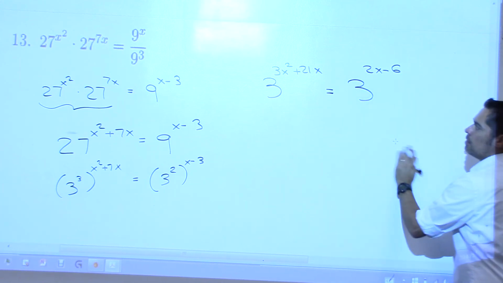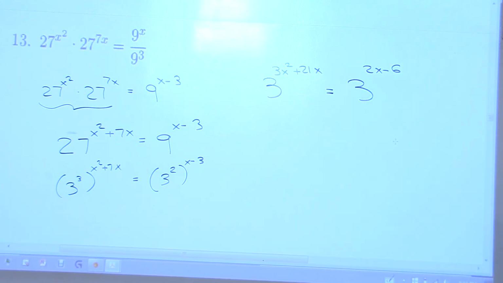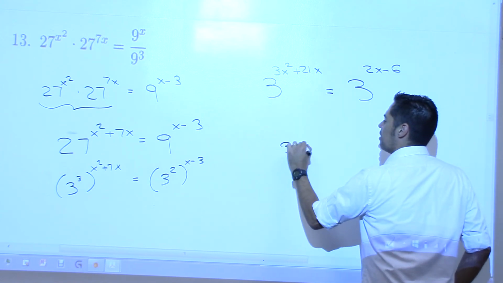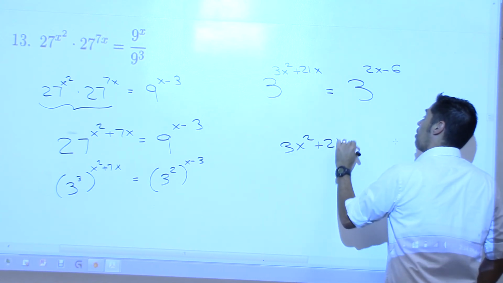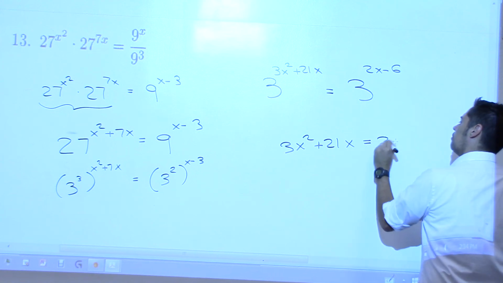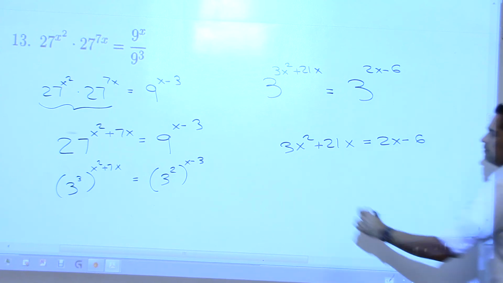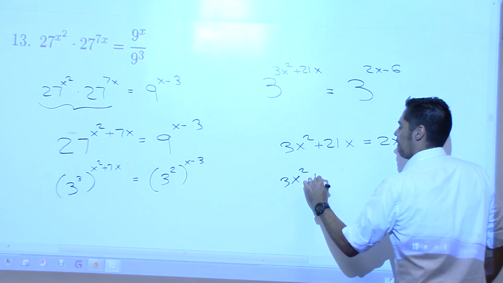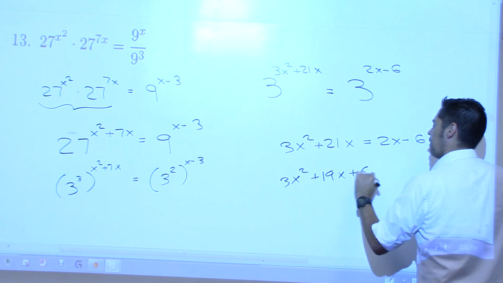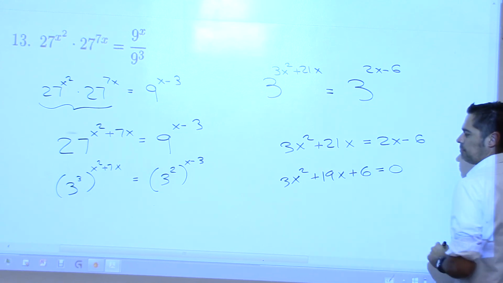And then set the exponents together. Since you have the same base, you just set the tops. And you've got a quadratic at this point. And that should work out. Hopefully this will factor. Hopefully, be nice. 19x plus 6. Yes.